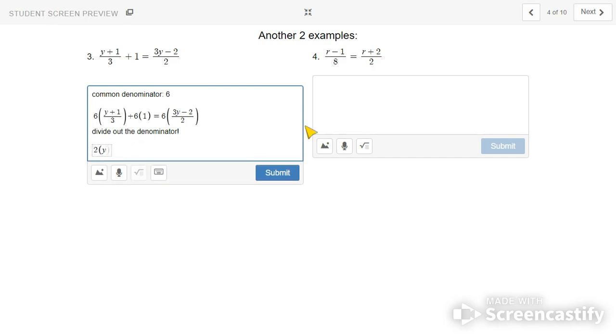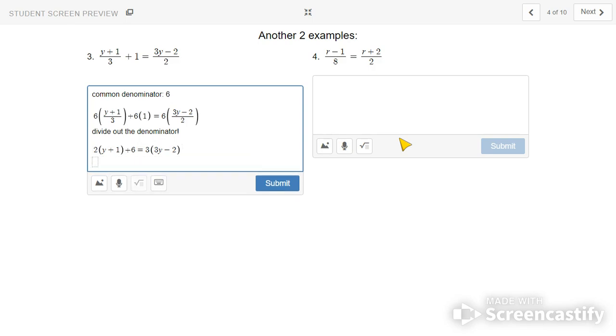I have 2 times y plus 1. This is a straight multiplication. 6 times 1 is 6. And this is equal to 6 divided by 2, 3. 3 times 3y minus 2. Now we have 2y plus 2 plus 6 is equal to 9y minus 6y.